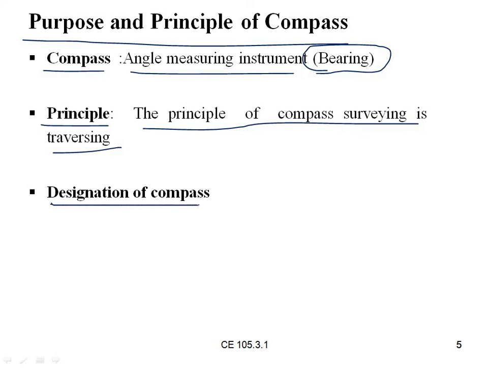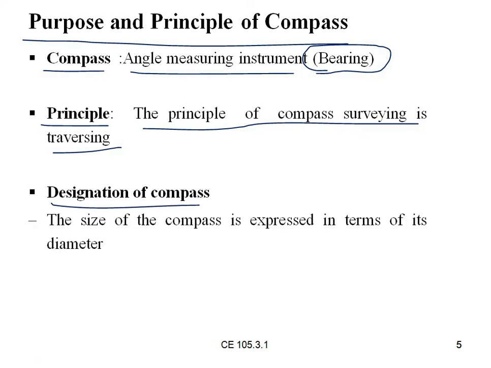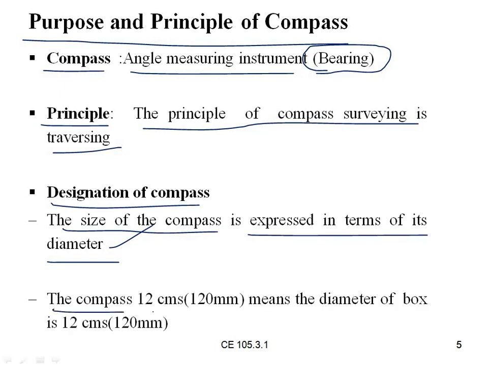Designation of compass: the size of the compass is expressed in terms of its diameter. If the compass is 12 centimeters, that is 120 mm, it means the diameter of the box is 12 centimeters, 120 mm.